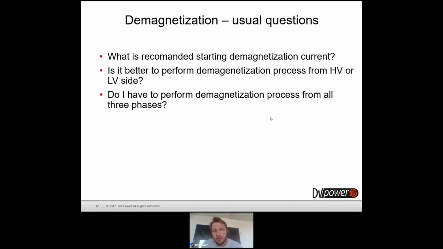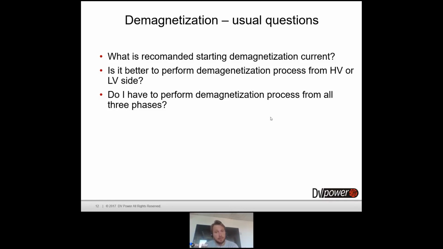Then we have a question, is it better to perform the magnetization process from high voltage side or from low voltage transformer side? Basically, on high voltage transformer side, we have a higher number of turns, right? So when we have higher number of turns, we are able to generate higher magnetomotive force there.